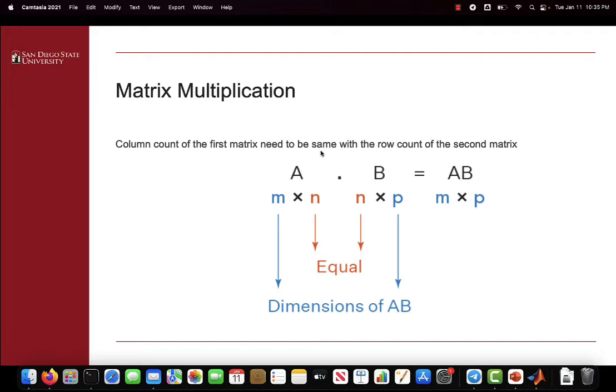But there is another operation in Matlab, also in matrices, which is matrix multiplication. Matrix multiplication is a little bit different than scalar multiplication because it has both scalar addition and scalar multiplication. And to multiply two matrices, we have some restrictions.